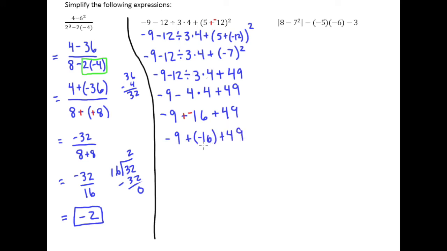Negative 9 plus negative 16, I'm just going to add 16 and 9. And that's going to give me 25, but of course it's negative 25 plus 49. And then finally, we subtract 25 from 49 and end up with positive 24.